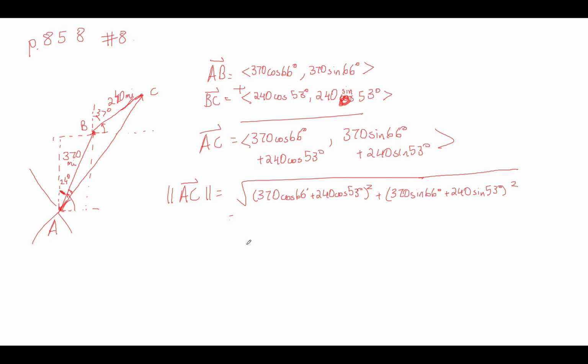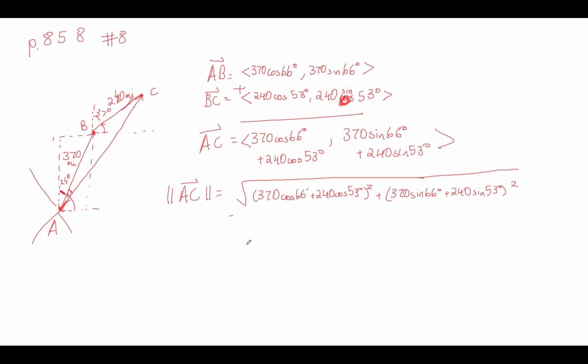So I do 370 cosine 66 plus 240 cosine 53, and then square that, and I add on 370 sine 66 plus 240 sine 53, squared.